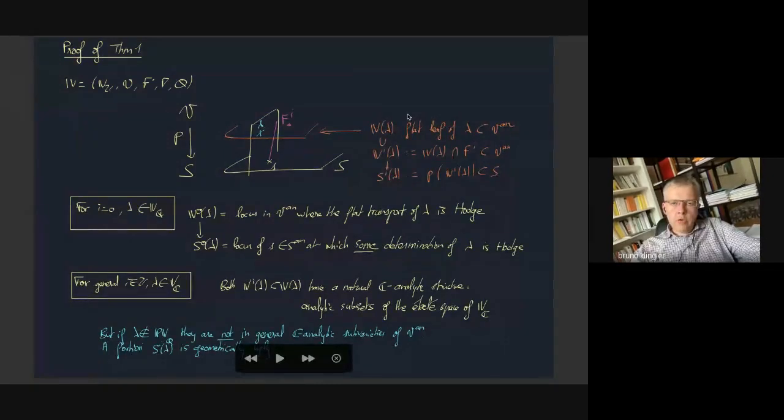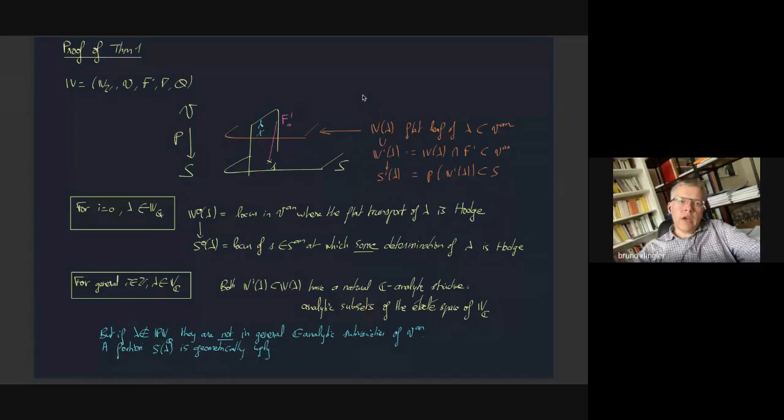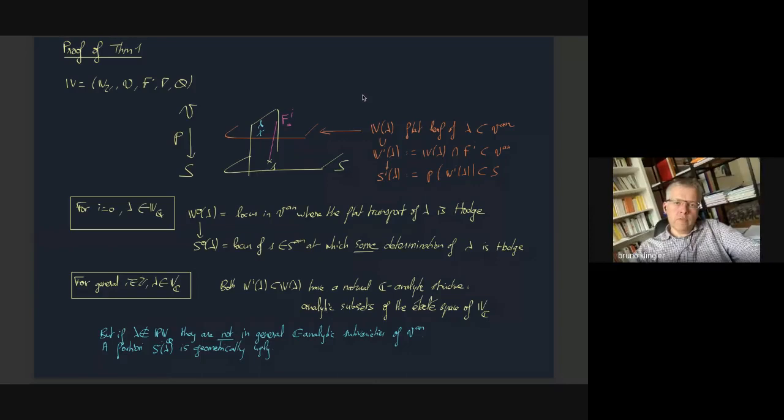I remind you what Theorem One is saying: if I take the special subvarieties of positive period dimension, I take their union, I take the Zariski closure, then either this Zariski closure is the entire S, or in fact it was already algebraic on the nose. So I didn't need to take the Zariski closure, and I had only finitely many maximal special subvarieties of positive dimension. So how do you prove such a thing?